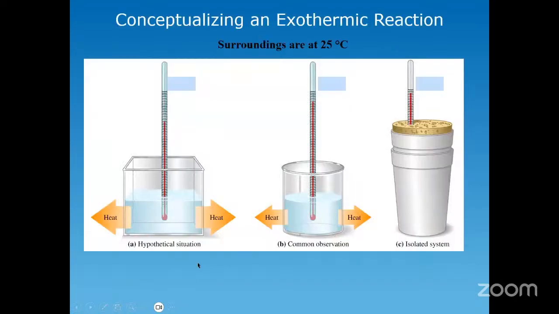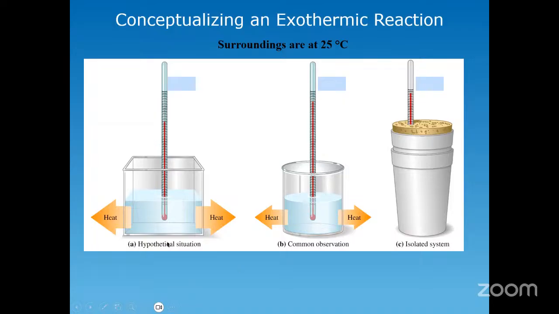So to illustrate what will happen in the case of an exothermic reaction under different situations, we have this hypothetical situation, which is purely hypothetical, not what happens in reality. And then we have this, which will be a more common observation. And then we have this situation where the reaction takes place in an isolated system, right?